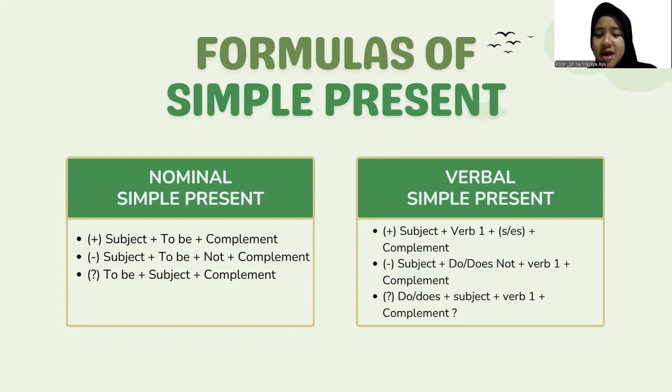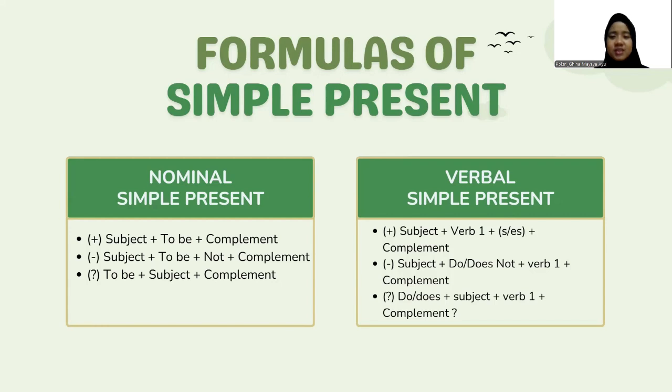For the negative, we have subject plus do or does, not, plus verb 1 without s or es, plus complement. And for the interrogative, we have do or does plus subject plus verb 1 plus complement. And don't forget the question mark.